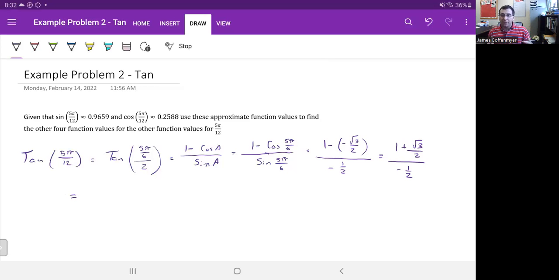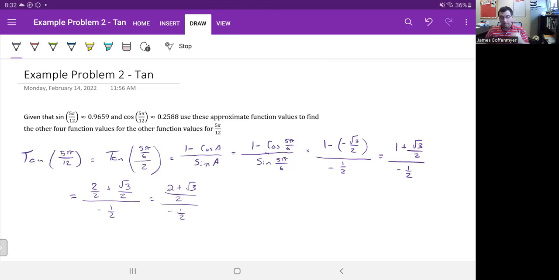On the top part of our fraction, we've got to add fractions with whole numbers, so least common denominator. That would be 2 over 2 plus square root of 3 over 2, all divided by negative 1/2. I'm not going to deal with that negative 1/2 until the very end, just a little FYI. So on the top there, we would have 2 plus the square root of 3 over 2, divided by a negative 1/2.